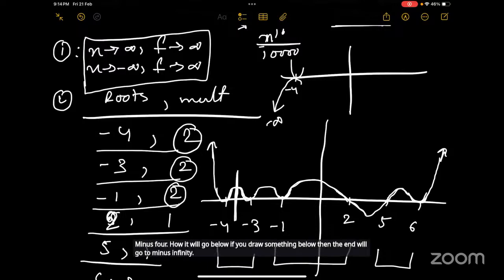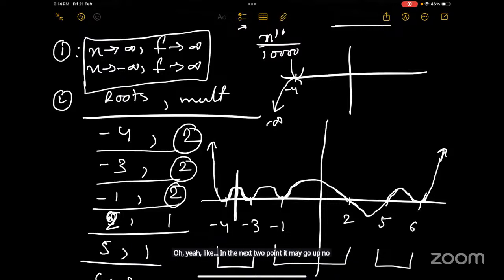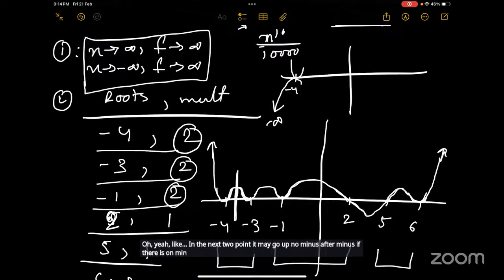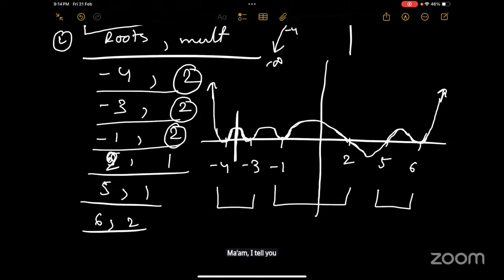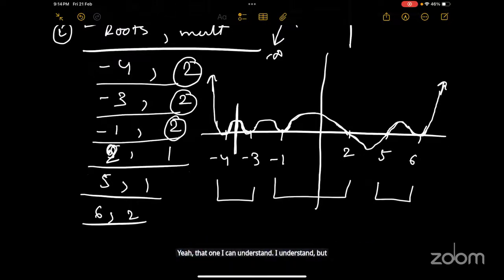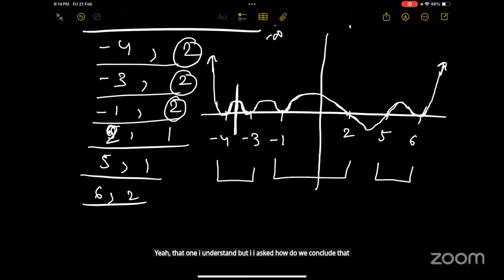In the next point, it may go up, no? Ma'am, I tell you, the x plus 4 squared term is there, na? When the exponent is an even term, then the graph always touches the x-axis. Yes, I understand, but I asked, how do we conclude that it goes up above the x-axis?